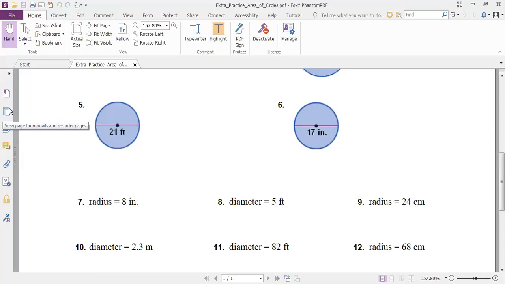Take your breath. Don't forget to put 3.14 firstly, because maybe if you don't write it, you forget. So we will write 3.14 times 8.5 power 2, which means 8.5 times 8.5.